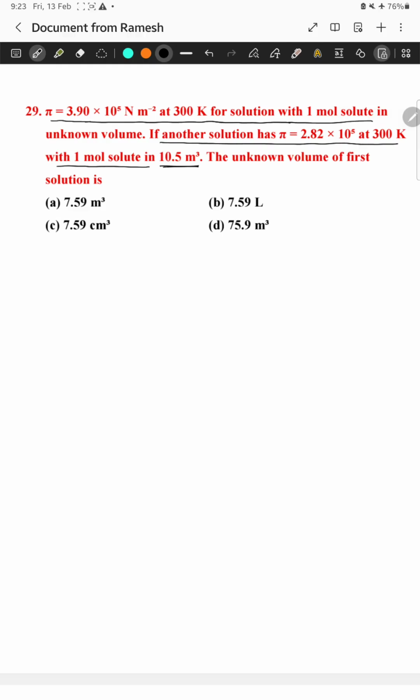You know that for volume and osmotic pressure, the formula is pi V equals nRT. For solution 1, you can write the formula as pi 1 V1 equals N1 RT. R is the gas constant, T is temperature. Since the same temperature is given, we are not writing T1, simply it is RT.